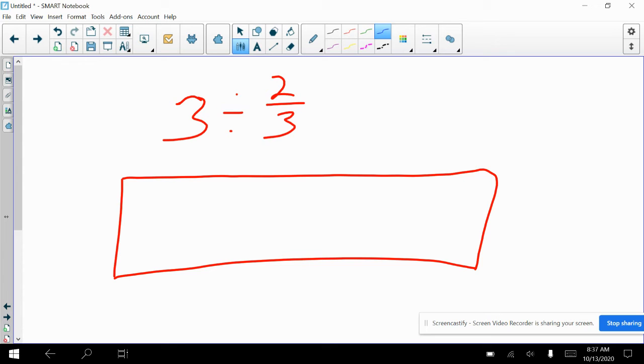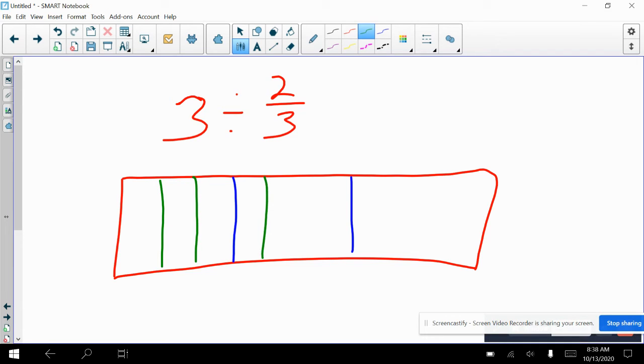How many pieces are we going to break our fraction strip up into? Break them up into 3s. How many are going to be in each box? Remember, it's always the denominator. It's going to be 3 in each box.